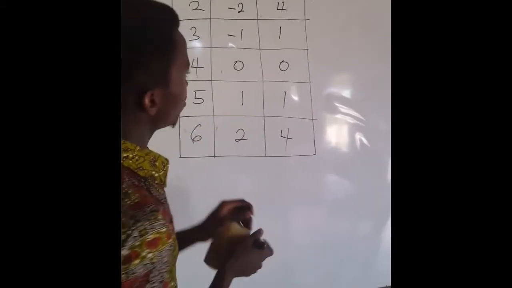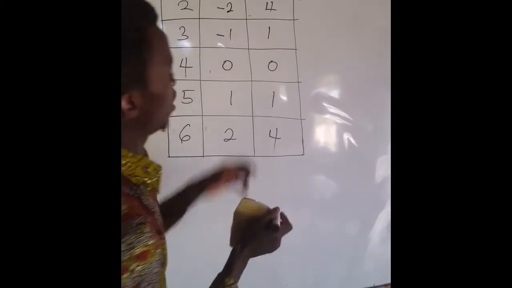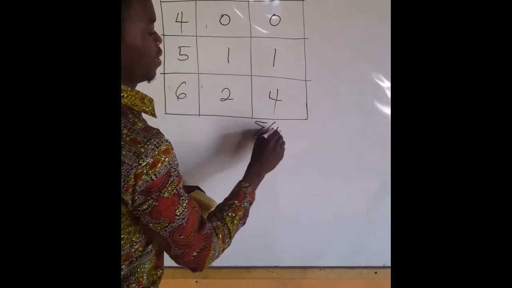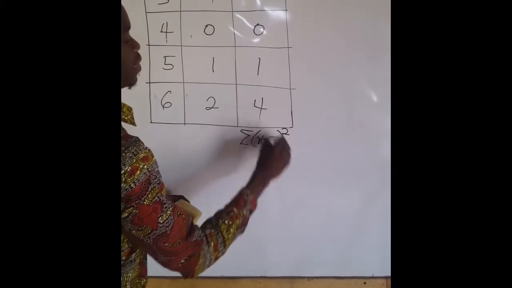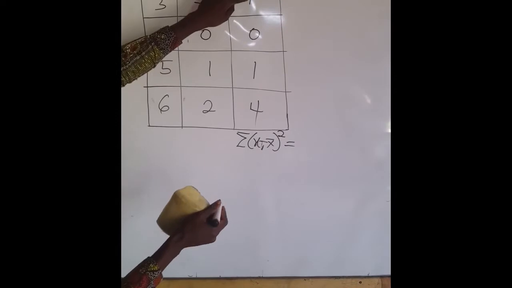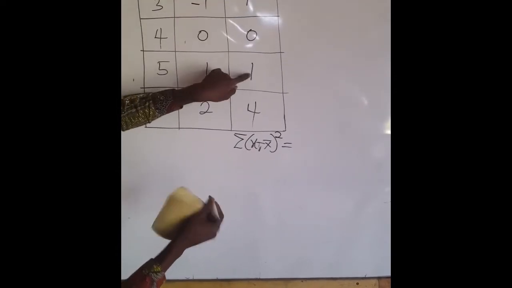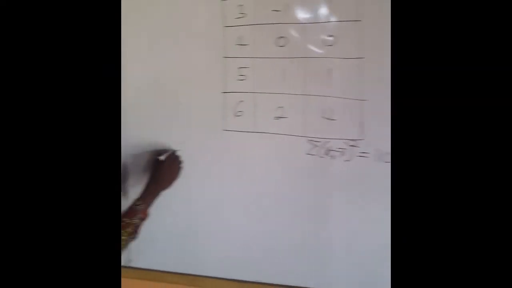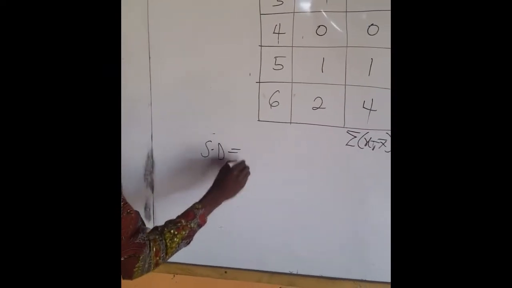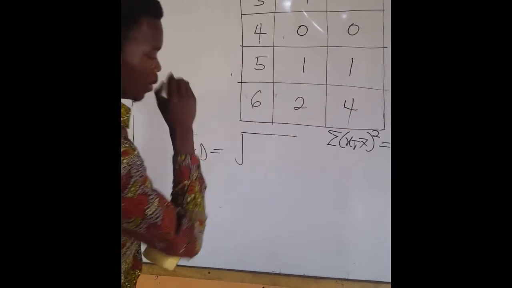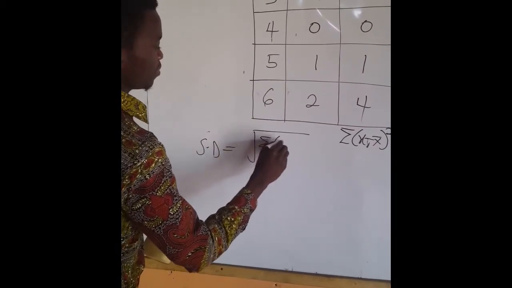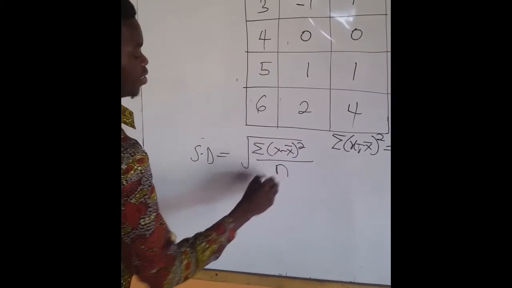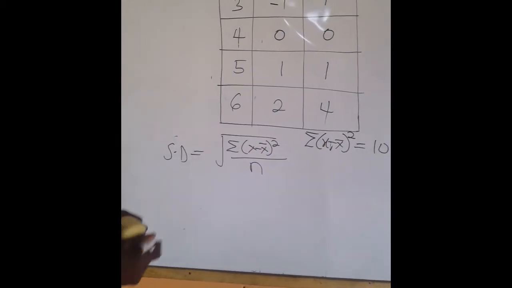Now we shall need the summation of these values. So let's add them. Summation of x minus x bar squared is going to give us 4 plus 1, which is 5, plus 1, 6, plus 4, and you get 10. So our standard deviation is going to give us the root of summation x minus x bar squared over n, where n is our number of elements.